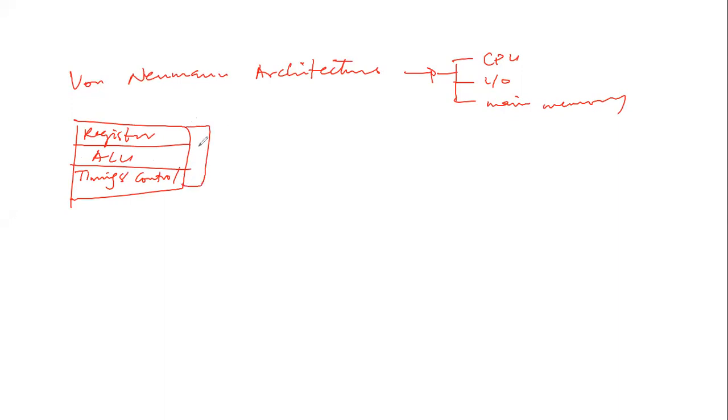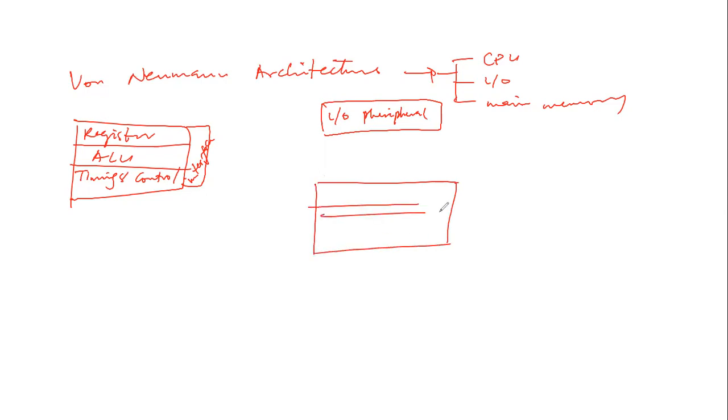Then here, we have the interface, the input-output peripherals, and then the main memory. And then this is the bus system, the system bus.